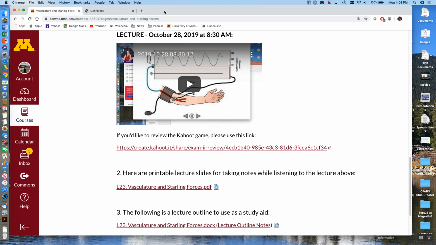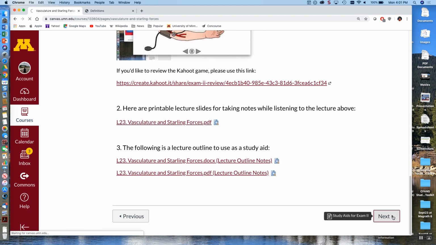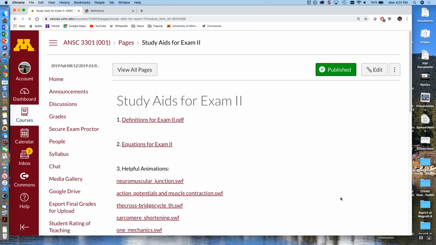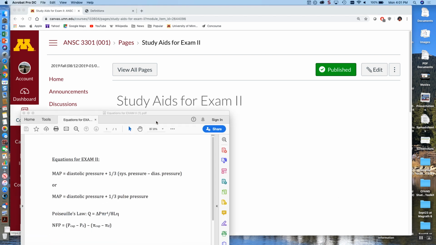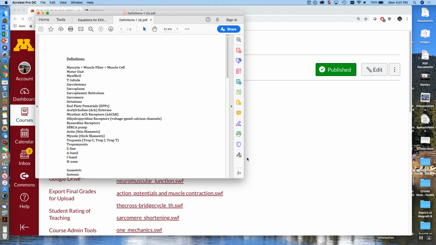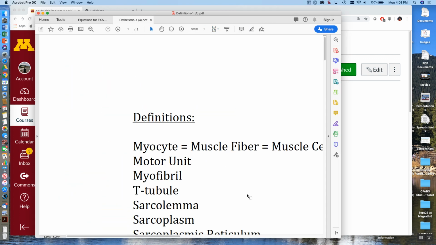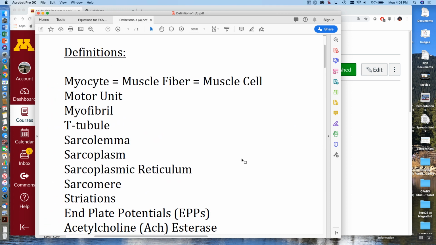Okay. The first thing that I wanted you to take a look at is if we go to study aids for exam 2, I want you to take a look at these definitions. So terminology, as always, is a big part of the exam. You can see that the first part of the very first lecture within this module is really all about definitions.